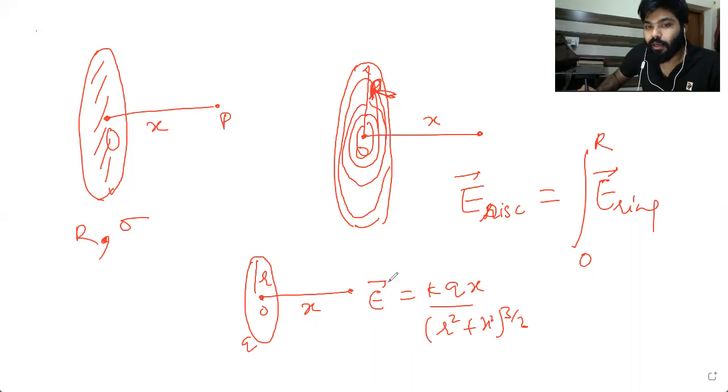This is the electric field of a ring at a distance x, and it is away from point P. This is point P. So you have to just calculate the electric field of all such rings which are spread over radius r equal to 0 to r equal to R, and you will end up with the electric field of the disk.